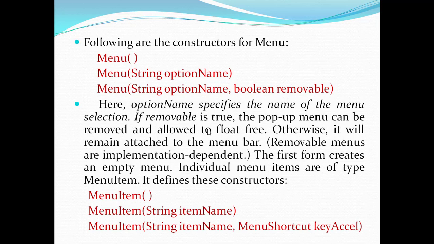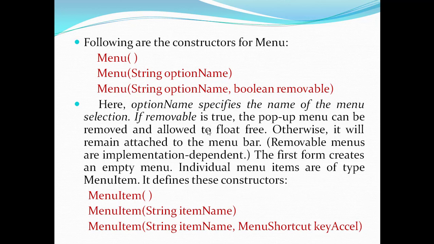If removable is true, the pop-up menu can be removed and allowed to float free. Otherwise, it will remain attached to the menu bar. Removable menus are implementation independent. The first form creates an empty menu.